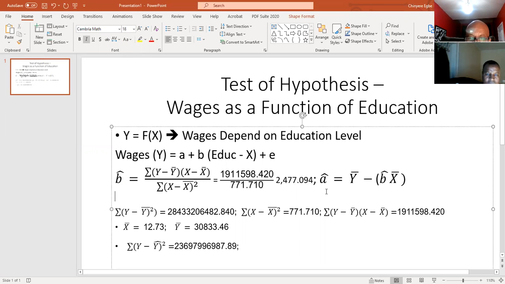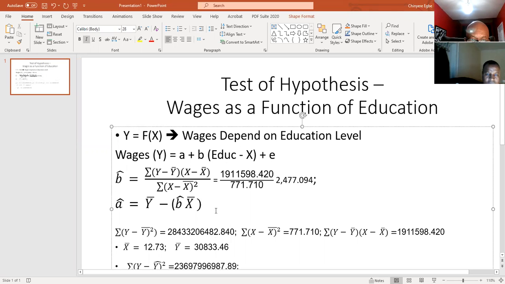Now, let us calculate A hat. You have Y bar, which is 30833.46, minus 2477.094 times 12.73, and that gives us what?